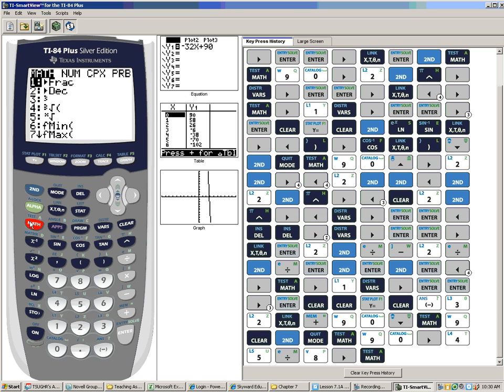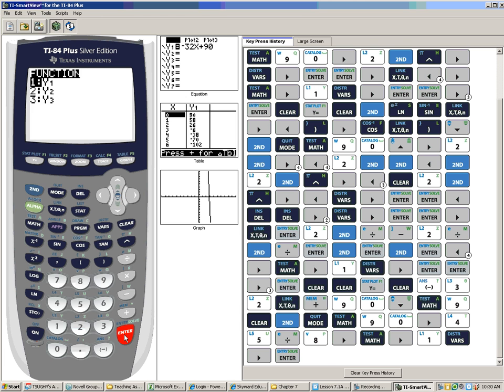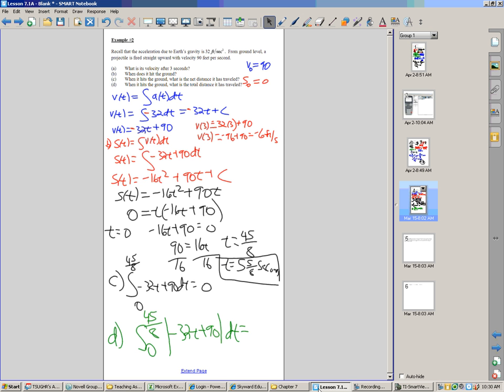Math over the number 1 for ABS. Then call up the Y1 function. Put an X there. And we get 253 1/8 units. Everybody get that? 253 1/8. Okay.